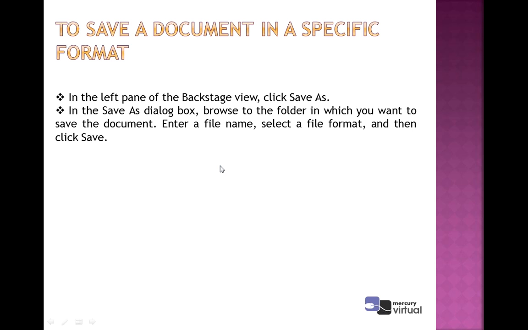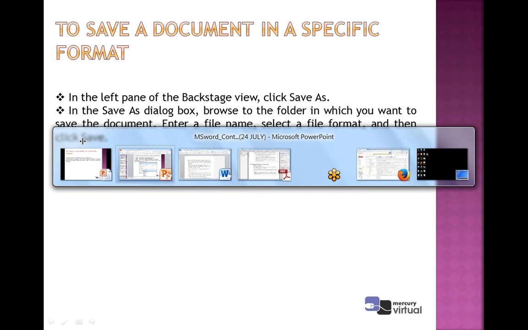Then next slide is how to save the document in a specific format. Means how to save any document in the format which you want. Just go to the left pane of the backstage view and click on Save As. In the Save As dialog box, browse to the folder in which you want to save the document, enter a file name, then select a file format and click Save.